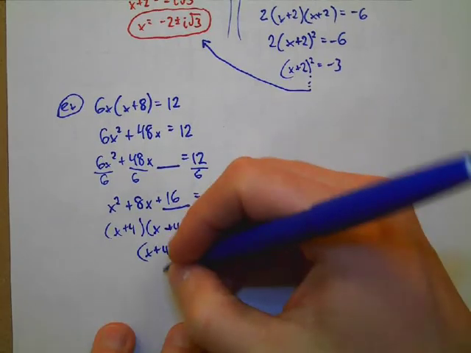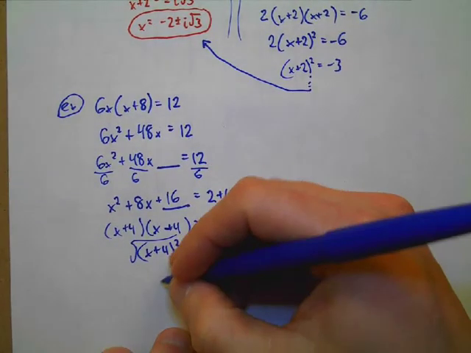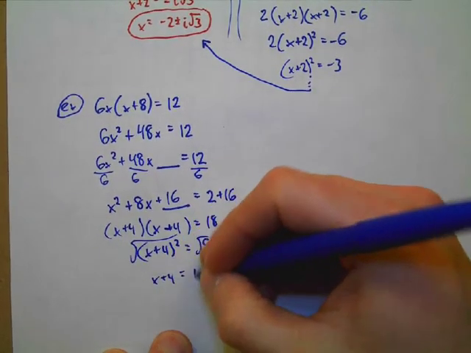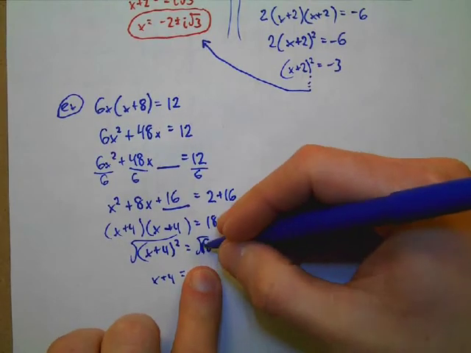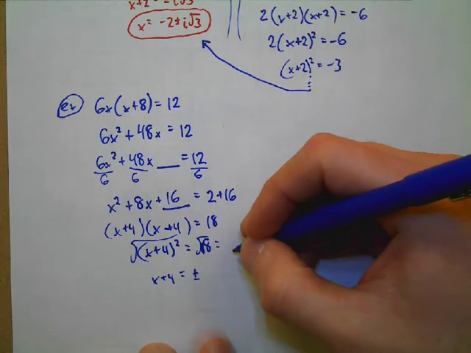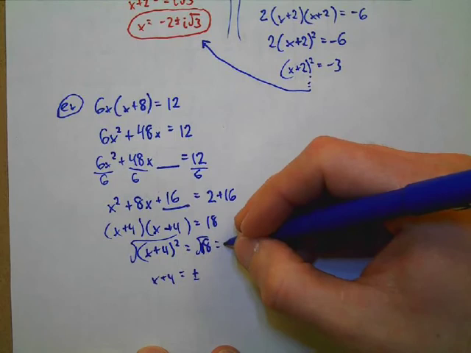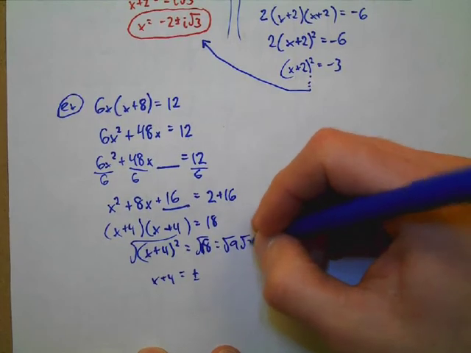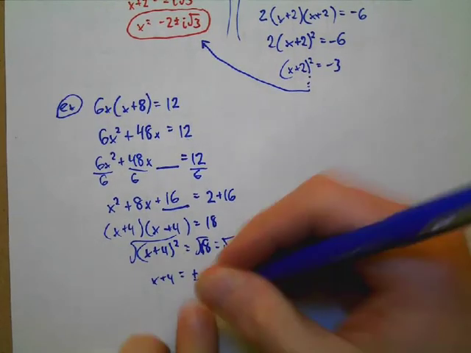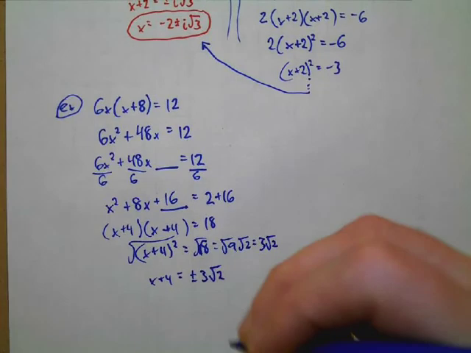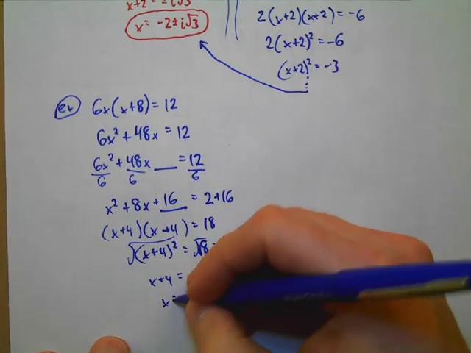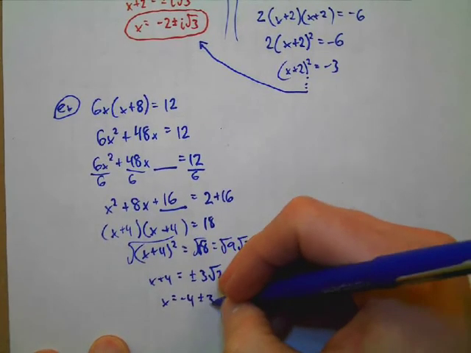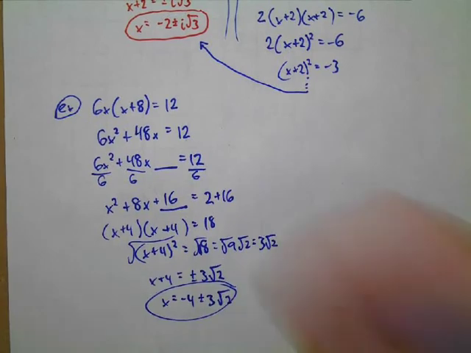Square root both sides, plus or minus root 18. 18 is not a perfect square, but what perfect square divides 18? So we'll make it 9 and 2, which makes it 3 root 2. So this becomes plus or minus 3 root 2, and then we'll subtract the 4 over. Voila.